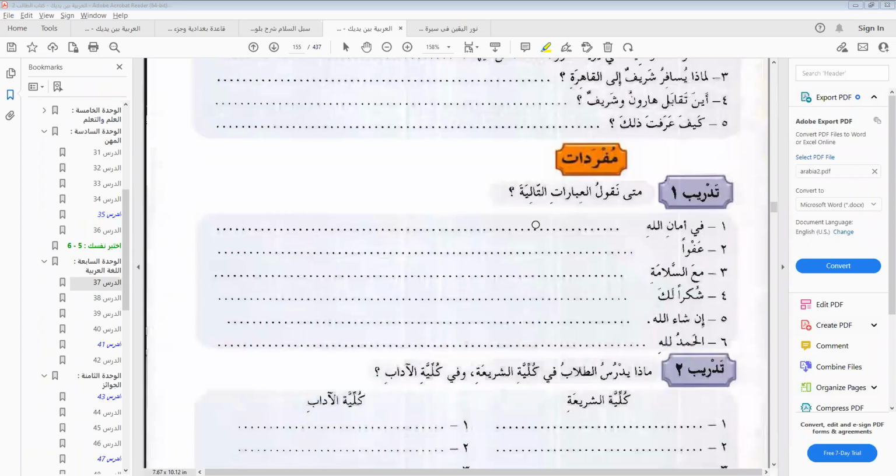نعم. جميل. مفردات: متى نقول العبارات التالية؟ في أمان الله، متى نقول في أمان الله لشخص؟ إذا يغادر. نعم، عندما يغادر أحد. Very good.